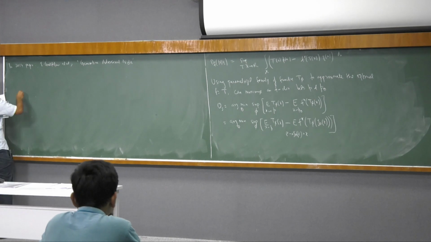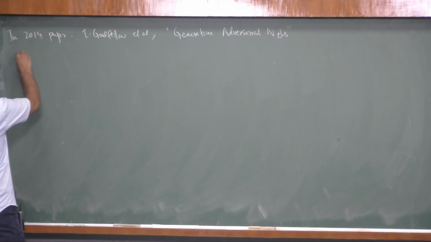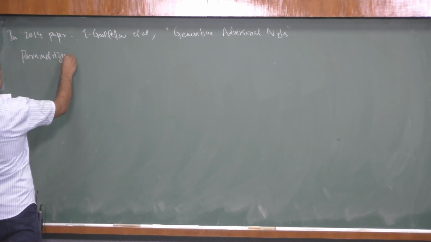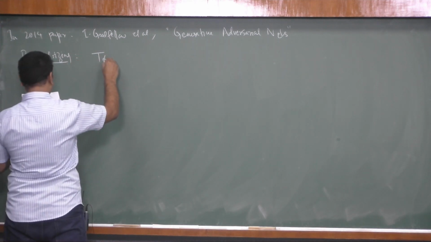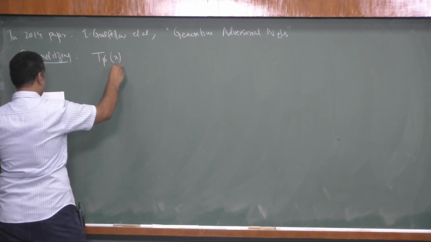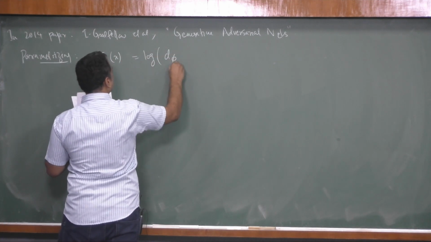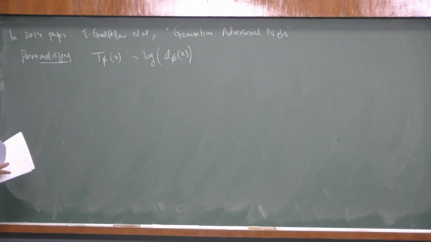So parameterizing, T phi is equal to log of D phi of x. We want to use the notation D to denote it's a discriminator. As I said, this is your template now. You have to play around with that.